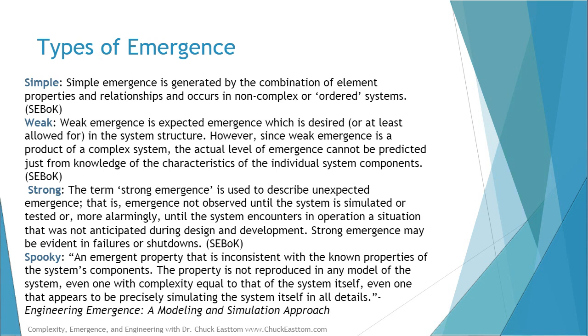Now, the previously mentioned book, Engineering Emergence, a Modeling and Simulation Approach, defines a fourth version that's not been defined by the Systems Engineering Body of Knowledge, but I kind of like the terminology they use, although it's untechnical. They use the term spooky emergence. They're saying that what's happening isn't even really consistent with the known properties and behaviors of the system.